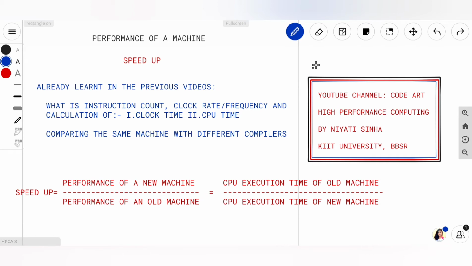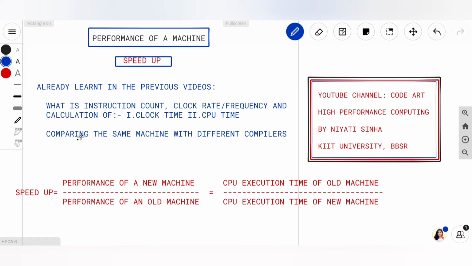So we'll be learning about the performance of a machine today. We talk about the performance of the machine on the basis of speed up. We have already learned why speed up comes into the picture in the previous videos. What we have learned in the previous videos is the instruction count, frequency, and how to calculate the clock time and CPU time.